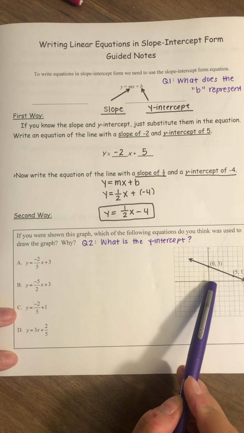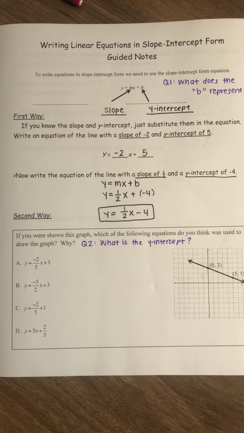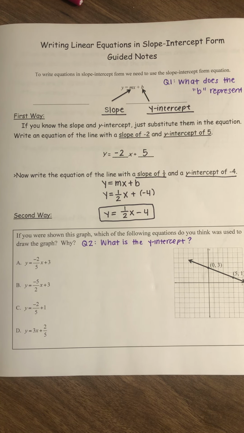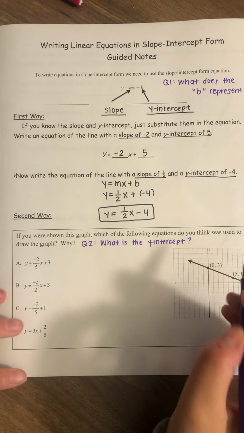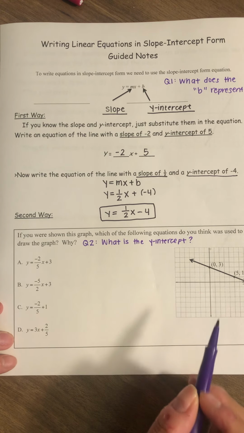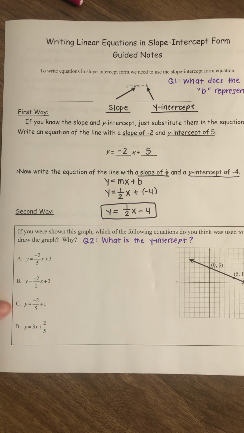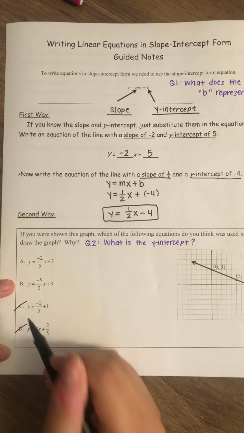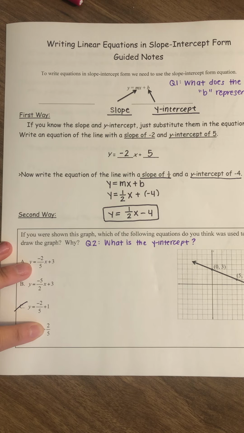So at a point where the x value is 0 and the y value is 3, what then is our y-intercept? Exactly, our line hits the y-axis at 3, so we can automatically eliminate options C and D because they don't have that correct y-intercept.